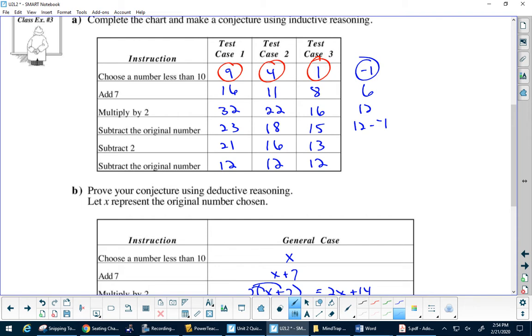What do you get? 13, right? Those two negatives make a positive. Subtract 2, get 11. And then subtract the original number, 11 minus negative 1, and you get 12. So it works for negatives as well. Has anyone ever done this to you before, ever?